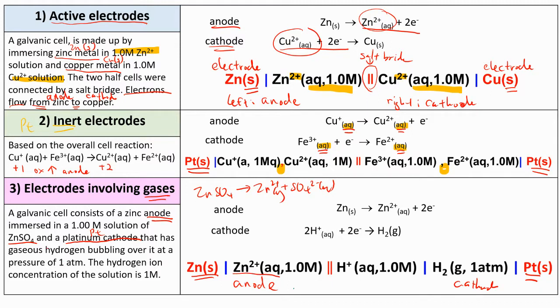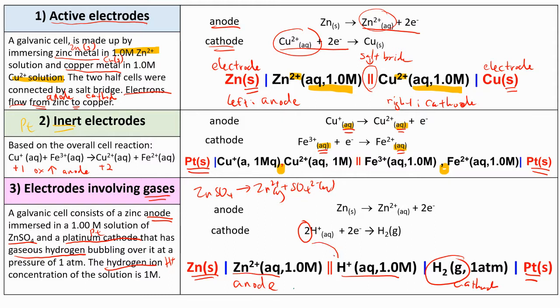That has gaseous hydrogen bubbling over it at a pressure of 1 atm. The hydrogen ion concentration is given as 1 molar. So this question has clearly stated which is the anode and which is the cathode. Only one thing that I want to remind students is that sometimes we will write the half reaction, and maybe you will get a coefficient of 2.